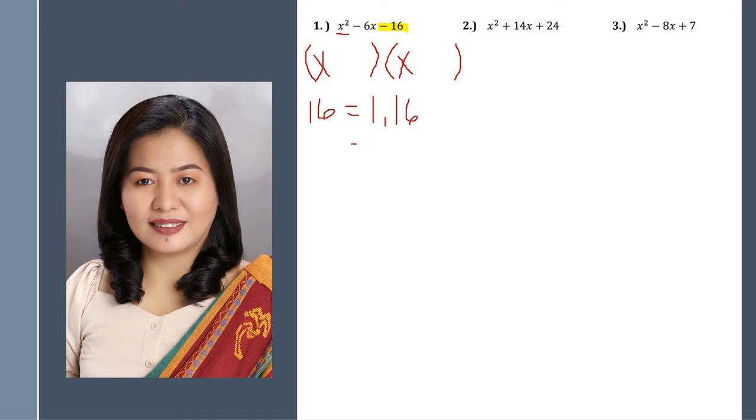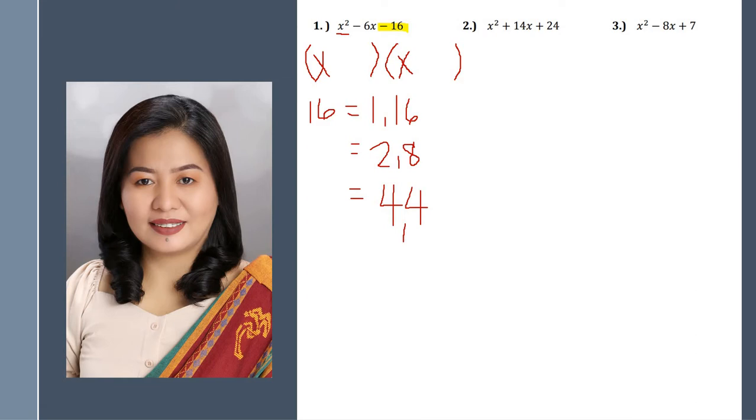It can be 2 and 8. And it can be 4 and 4. Since we have a negative sign, that means one of the factors would be negative.